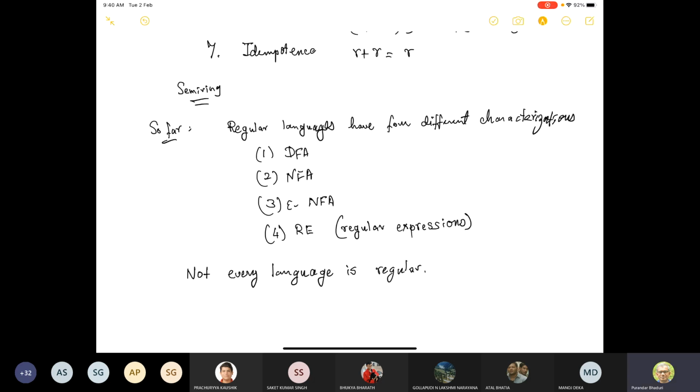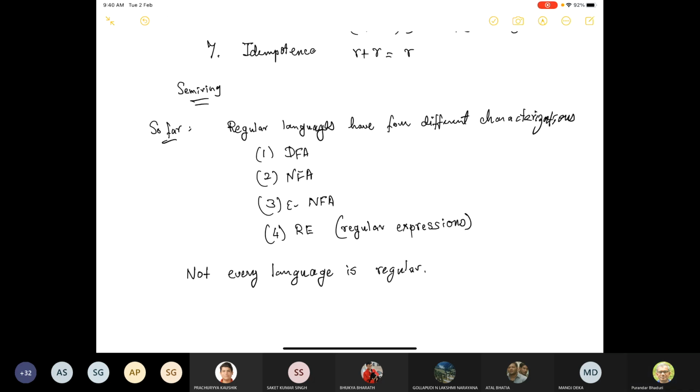And we already know why this is the case, right? Because the set of languages is uncountable over any alphabet which is non-empty. The set of languages is uncountable, right?